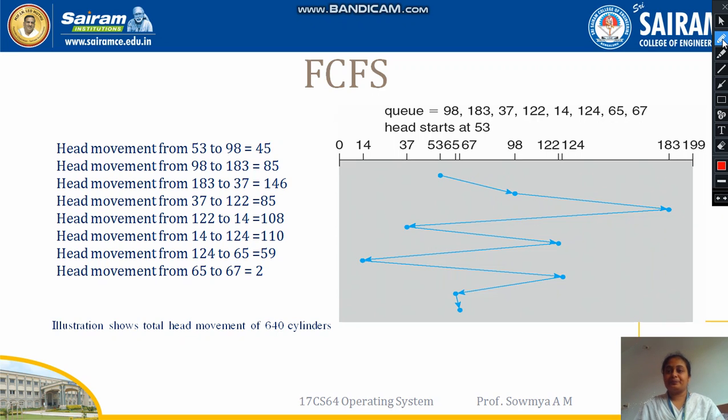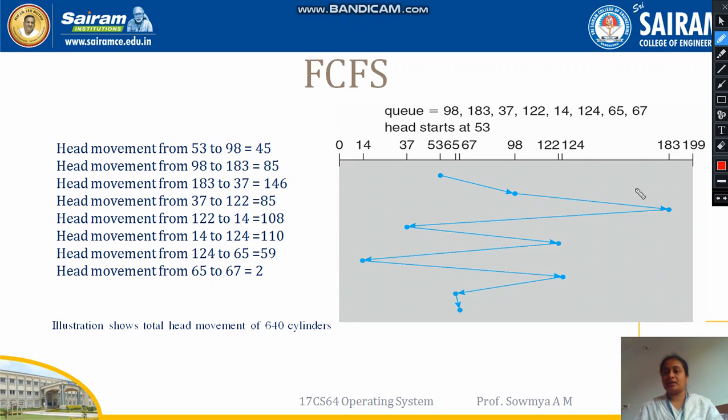In first come first serve, we have a queue, which means we have the desired sectors or the head points from which the information is needed, and we have the head position at the start.